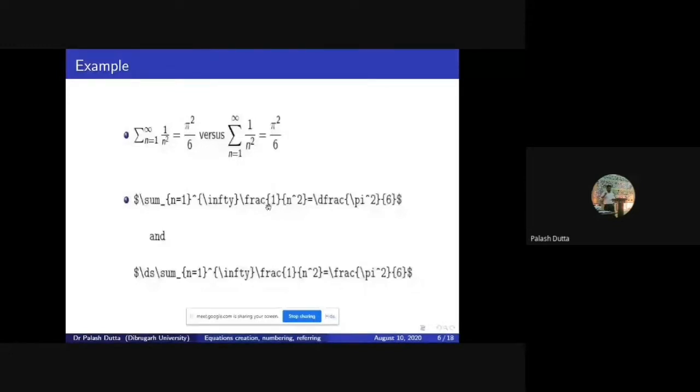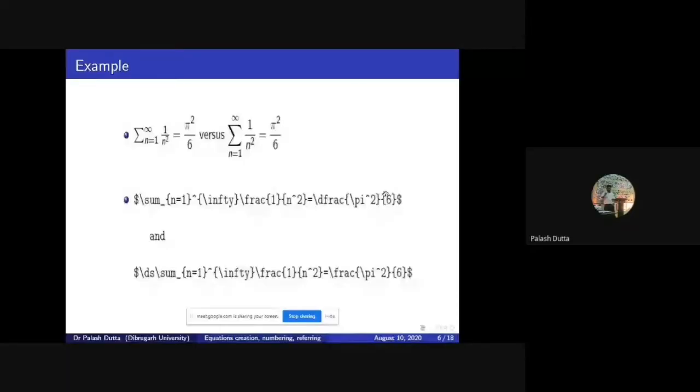So 1, then in another bracket n cap 2, meaning n square, which equals \frac{\pi^2}{6}, so it is pi square by 6. If you use double dollar, then this expression will become larger, right?